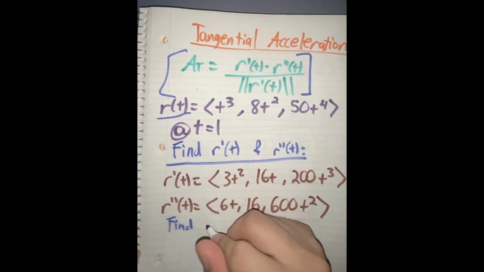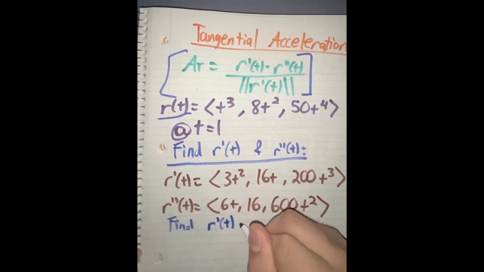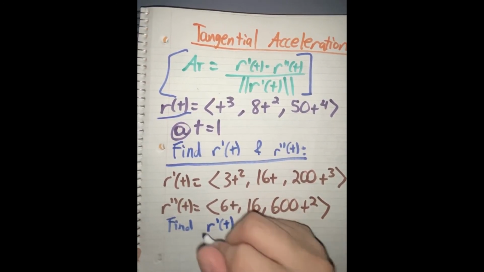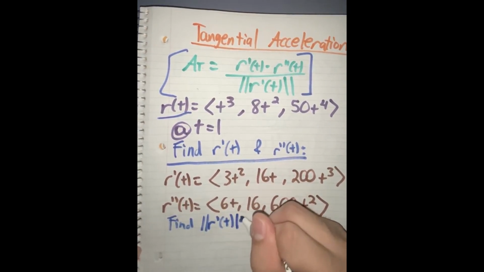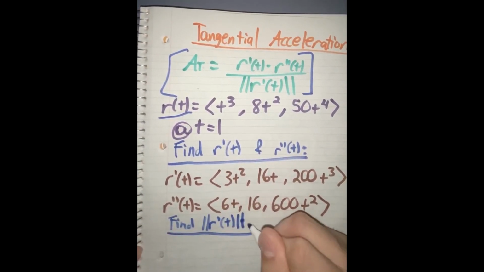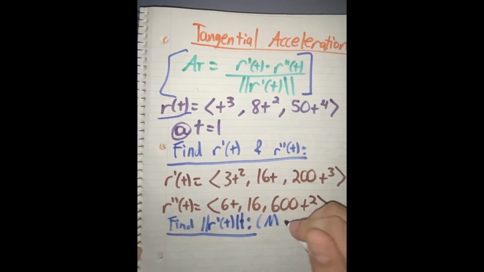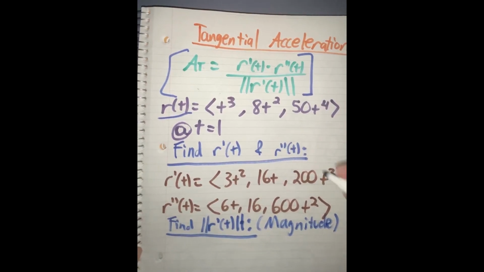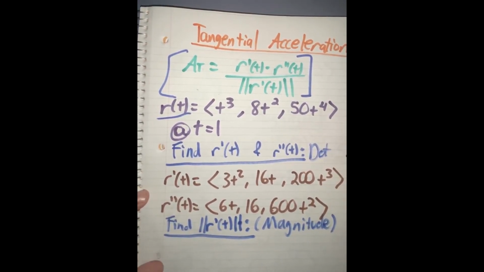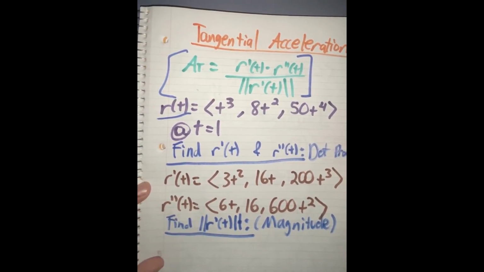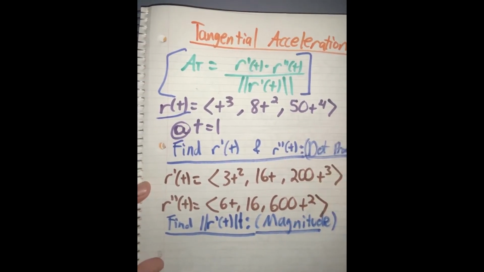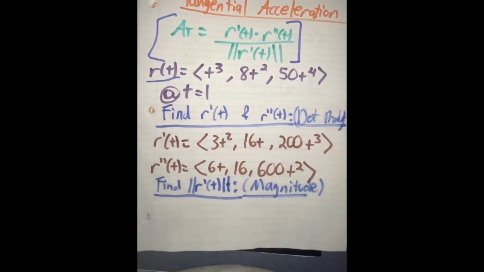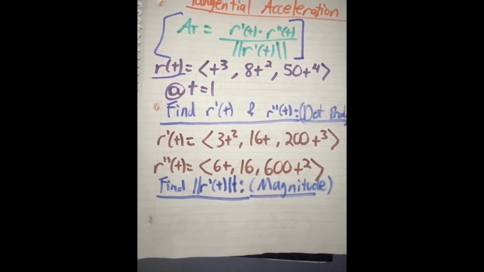So we're going to find r prime of t. Actually, first, we're going to go ahead and take the magnitude of r prime of t. So I'll put magnitude in parentheses. Over here, I'll put dot product so you don't accidentally take the cross product. Okay, so now we're asked to find the magnitude.